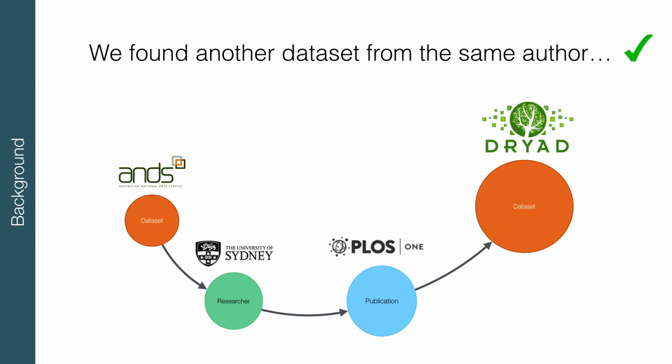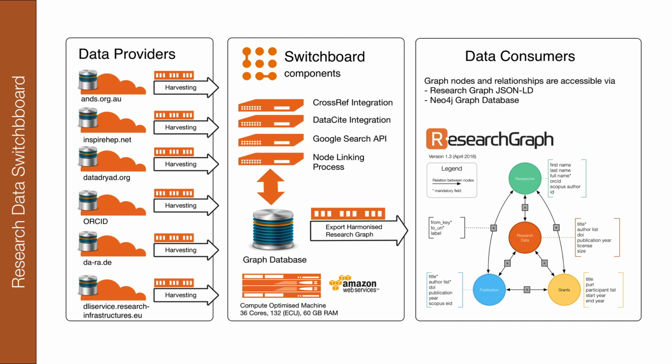So to make it scalable, the working group between 2014 and 2016 created a software platform called Research Data Switchboard. The system was basically automating the steps that I explained. It has a layer for data providers that collect metadata from different sources. It has the cloud-hosted computation core component that is called Switchboard. It resolves all the identifiers.